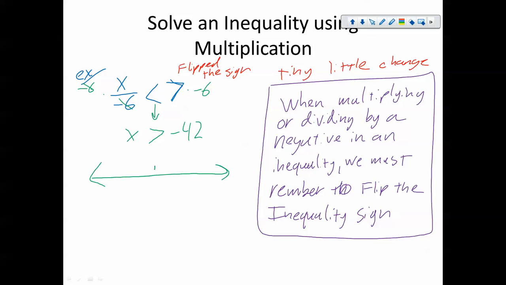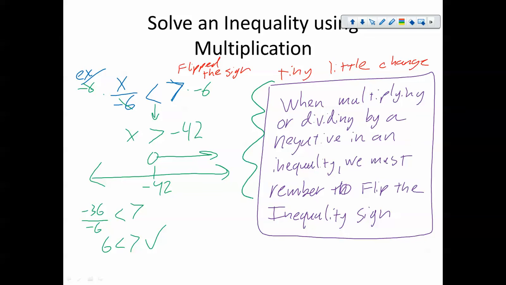So that our solution appropriately highlights the fact that it's the larger numbers that create true statements. For example, if I plug in negative 36 into the original statement, we get positive 6 is less than 7. Good, that checks out now, because when multiplying or dividing by a negative in an inequality, we must remember to flip the inequality sign.